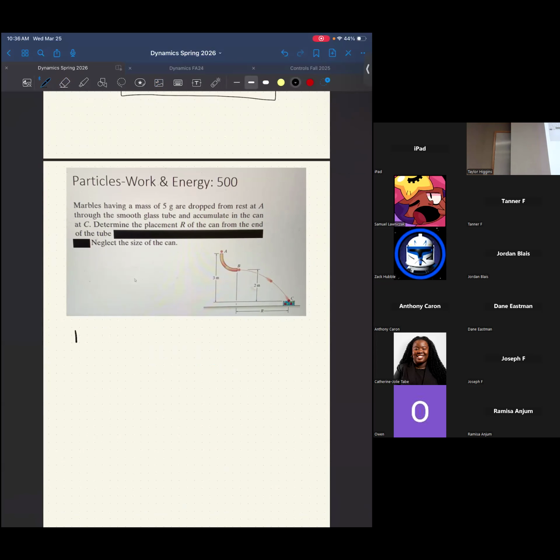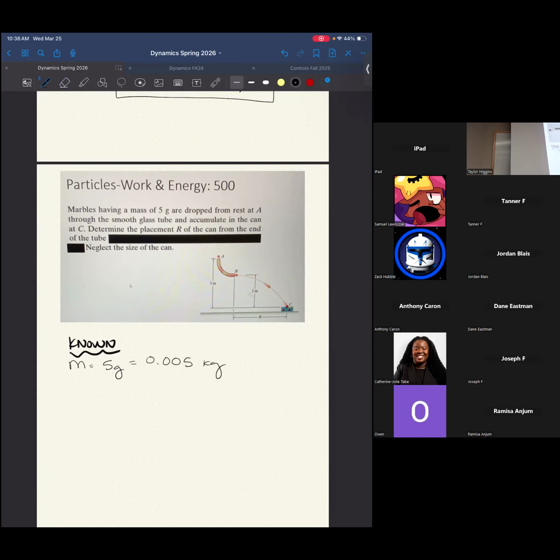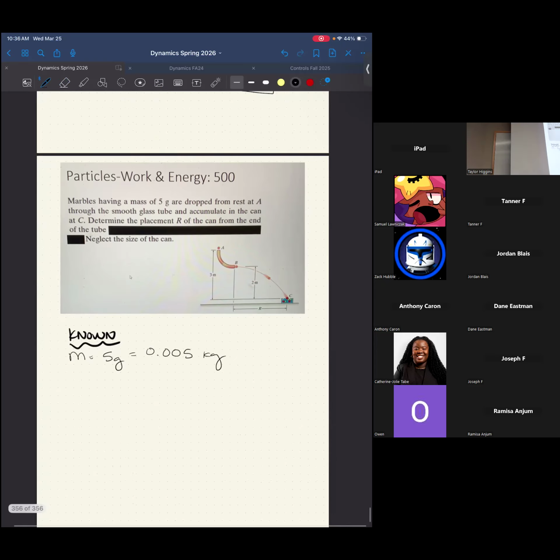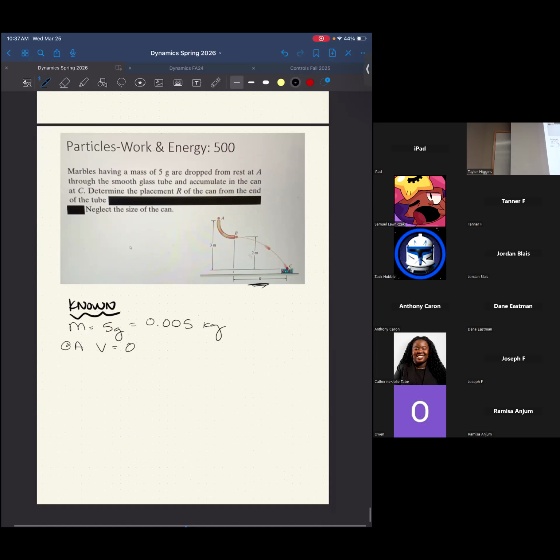Let's do our knowns. A marble having a mass of 5 grams, which is going to be annoying to work with, so let's get it to kilograms: 0.005 kilograms, is dropped from rest at A, V equals 0, through the smooth glass tube and accumulates in the can at C. Determine the placement R of the can from the end of the tube.